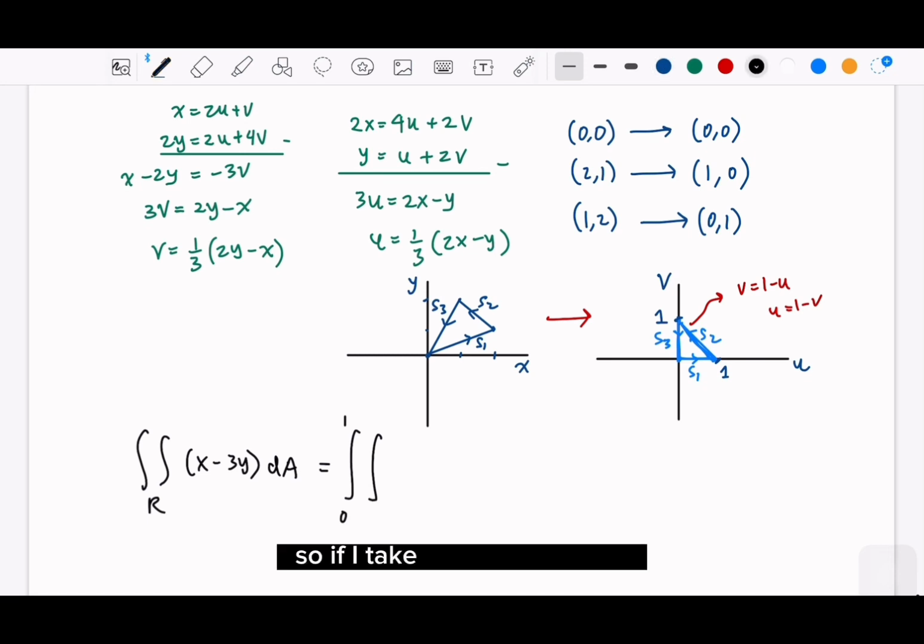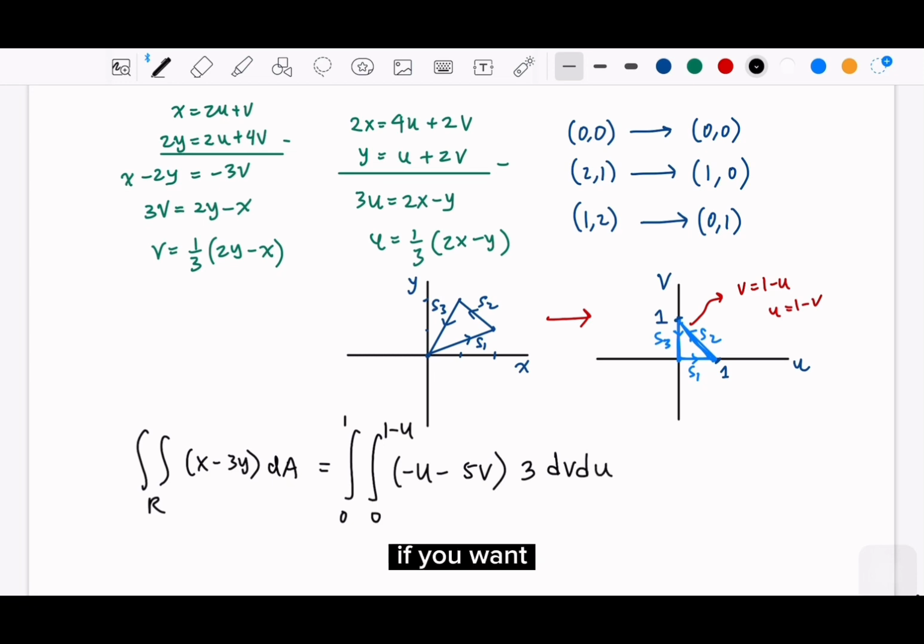So if I take v equal 1 minus u, this will be dv du. So negative u, negative 5v, 3, and then dv du.